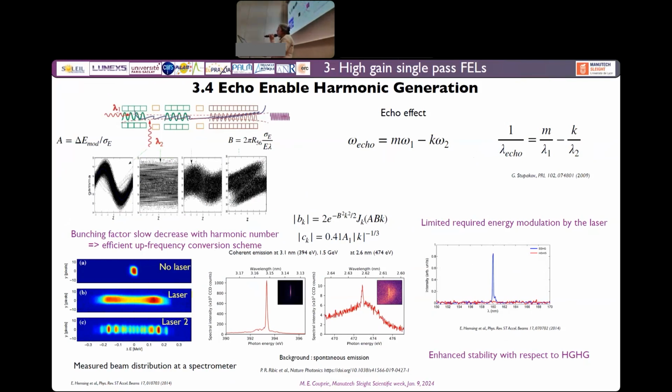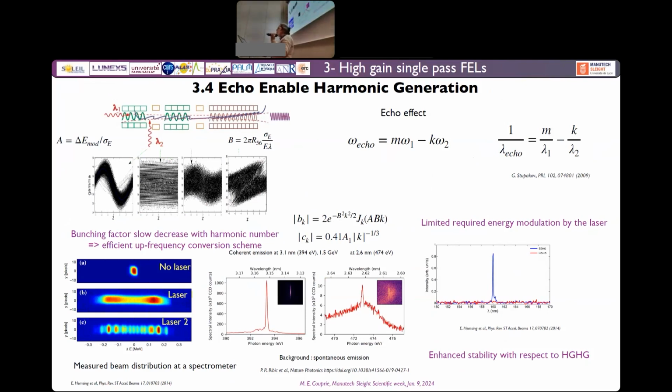This scheme presents different advantages because the bunching factor decreases very slowly with the harmonic number, which is not the case for one-laser seeding. So we could go in principle to very, very high harmonic numbers.